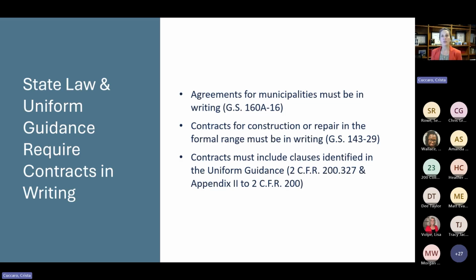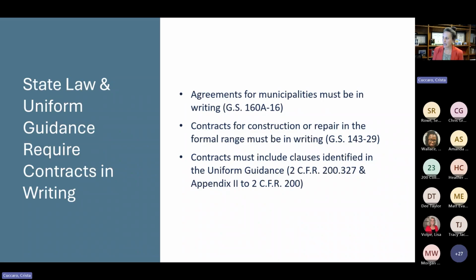We also know that the uniform guidance says that our contracts must include clauses identified in the uniform guidance. Now, the uniform guidance doesn't say your contracts have to be in writing, but I think the implication here is that if you're including the contract clauses, then you're going to have a writing where you're including those contract clauses, right?